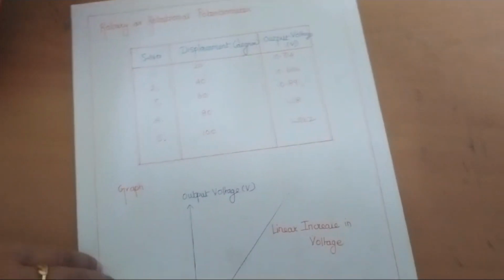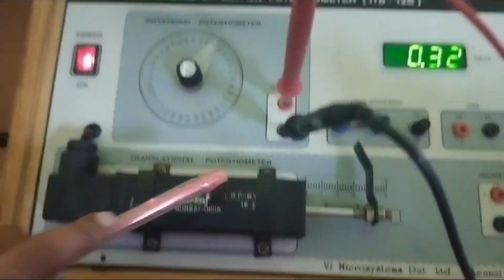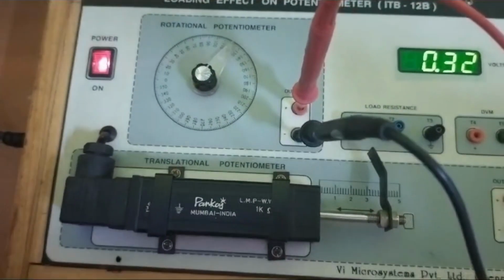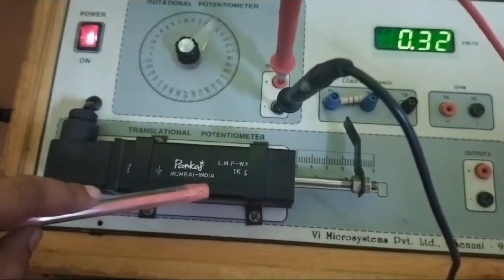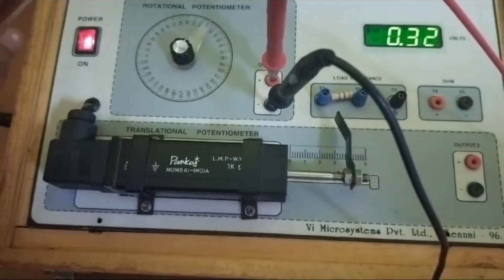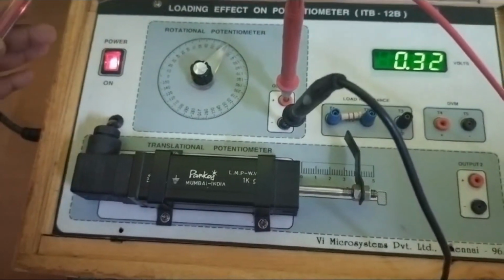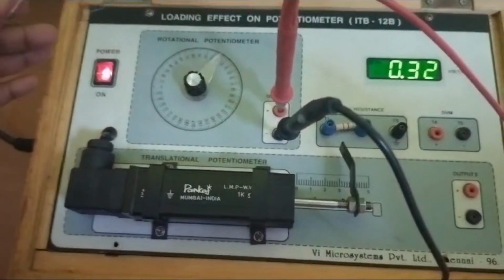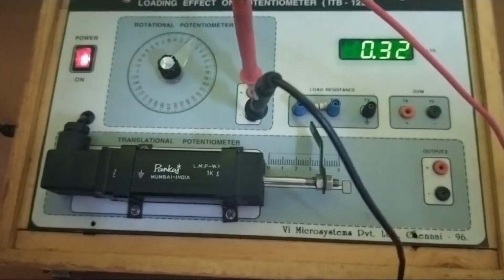The only thing to note with this potentiometer experiment is that whether it is a linear or a rotational potentiometer, the displacement is converted into a change in resistance, and the change in resistance is converted into the output voltage. This is the very basic concept, and this potentiometer is called a linear potentiometer or a resistive potentiometer because of such characteristics.